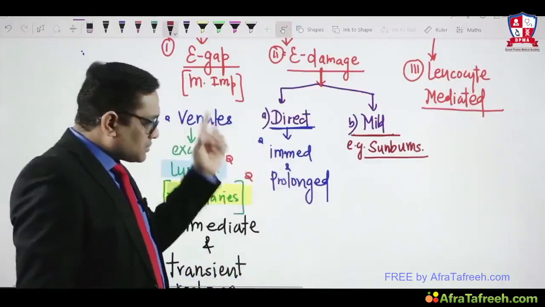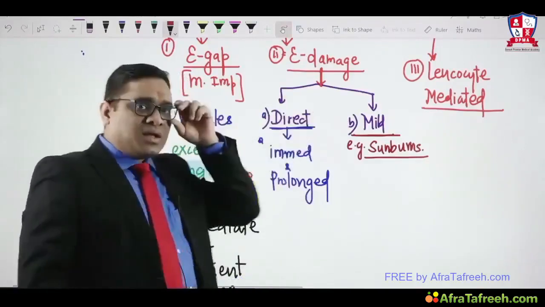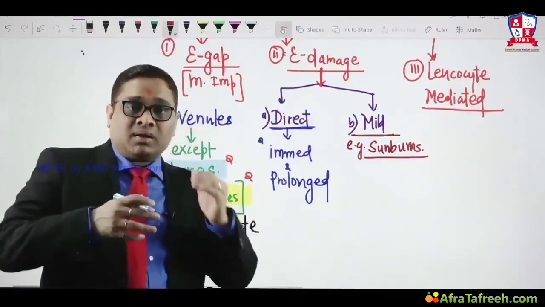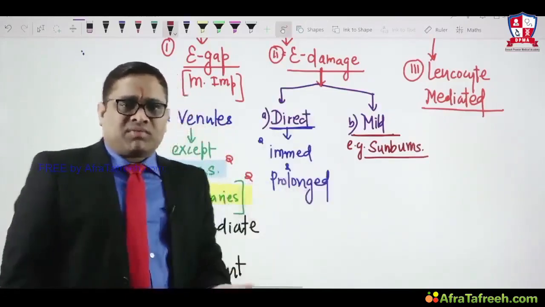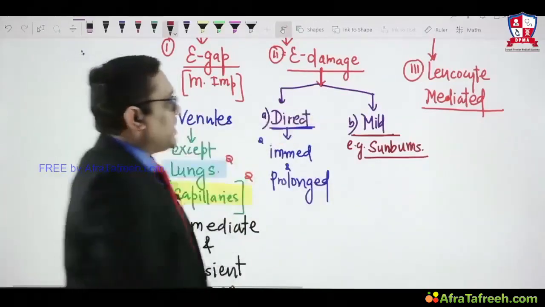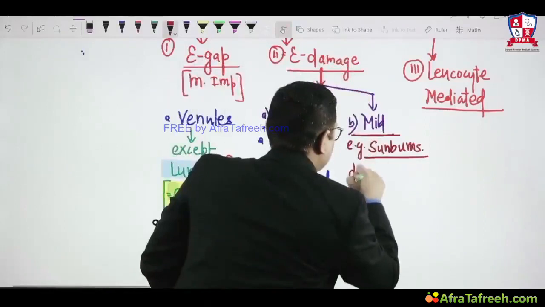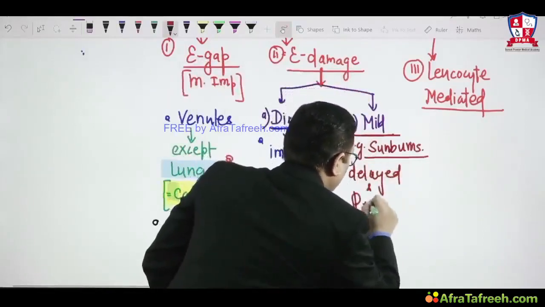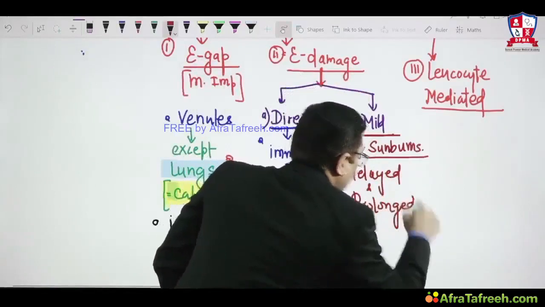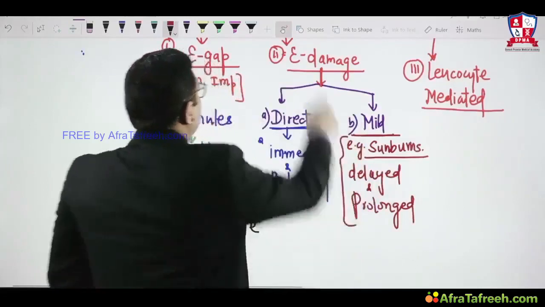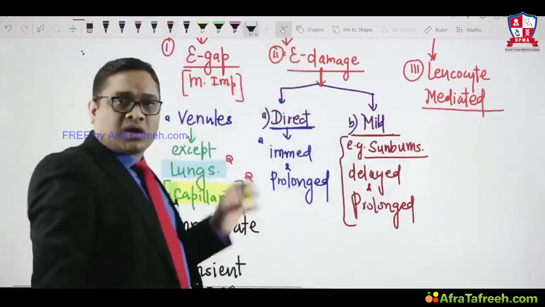But milder injury happens slowly, so it is delayed, and after the damage it will recruit inflammation the same way. So delayed and prolonged. Be careful when the examiner says mild endothelial damage; this will be considered delayed and prolonged. Whenever the examiner asks a question, you have to be very careful, because these were the questions in earlier exams.